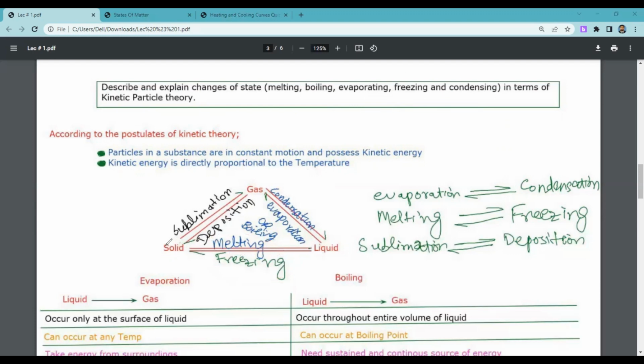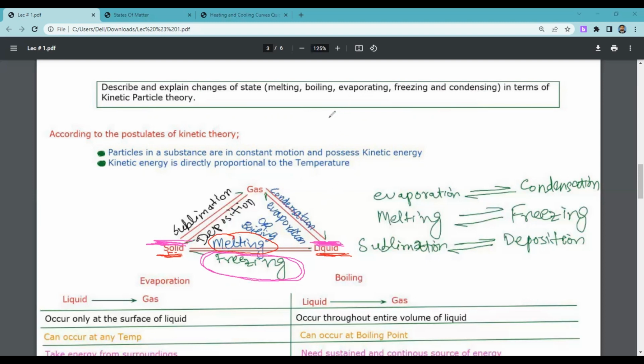If a solid is converted into liquid, this is called melting. And if a liquid is converted into a solid, this phenomenon is called freezing.